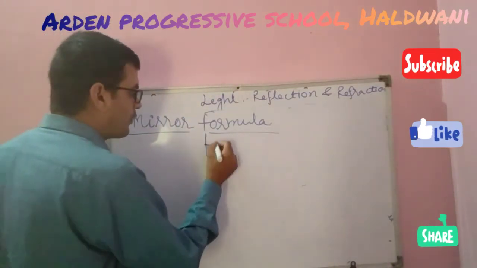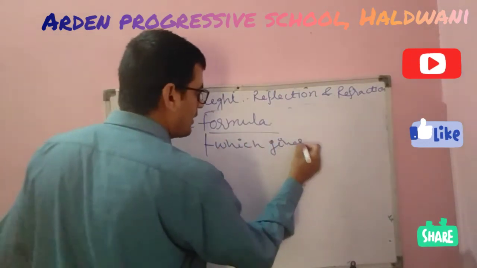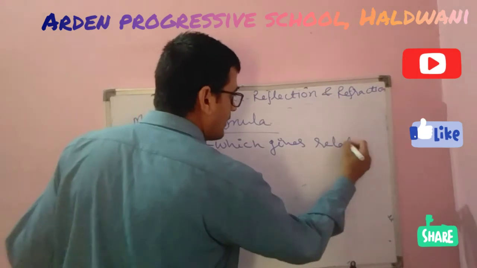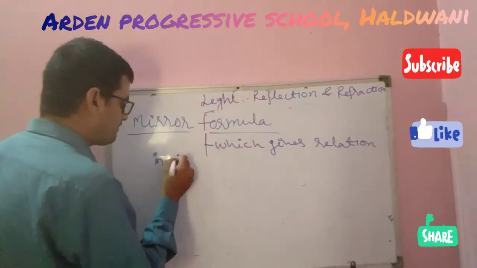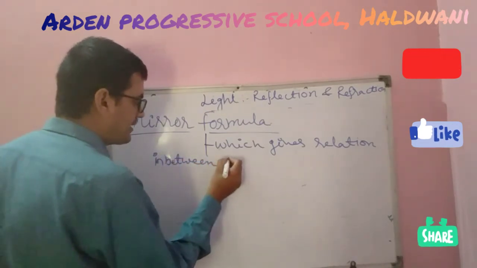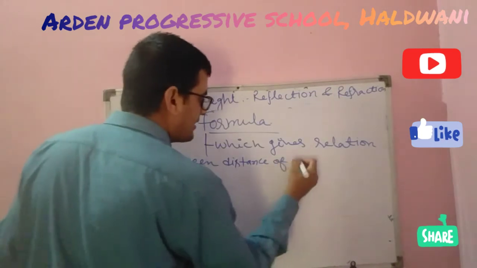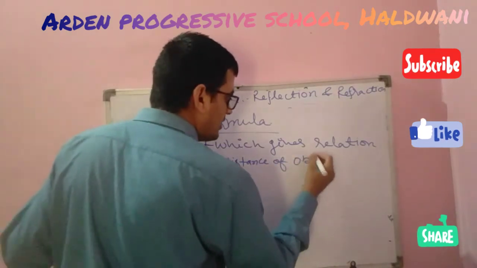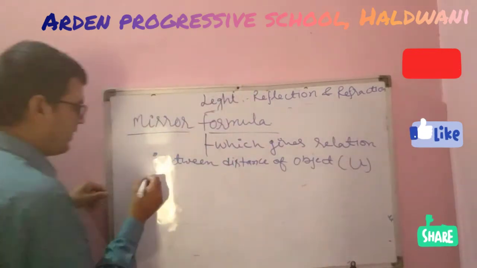Formula which gives relation in between distance of object, what is called distance of object? It is represented by u.